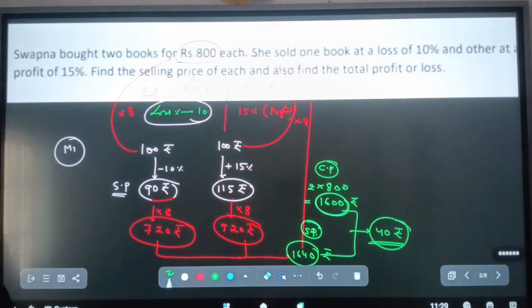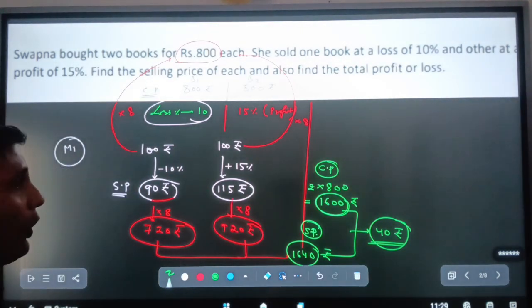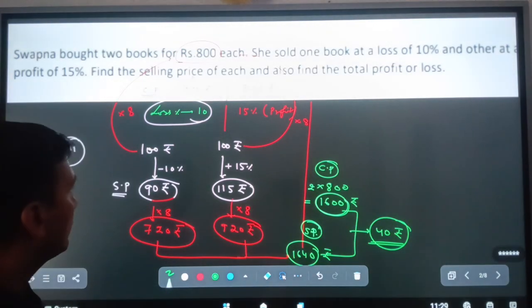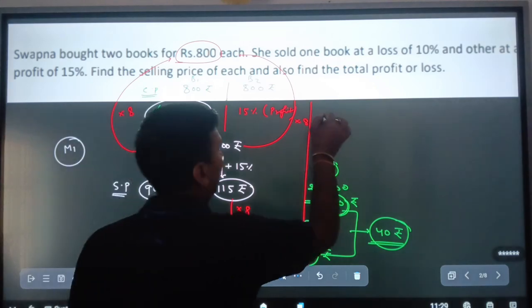What if we have to find out only the overall profit or loss? You can calculate it from here also. Method 2.